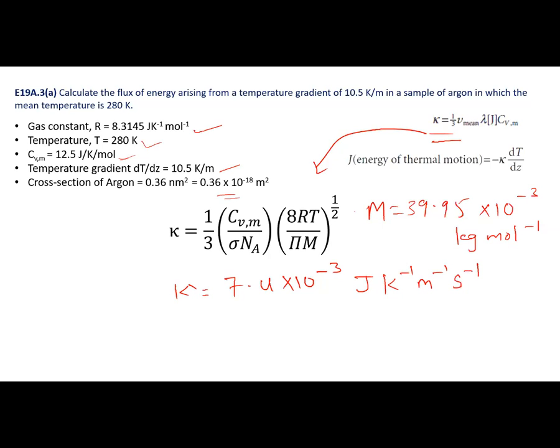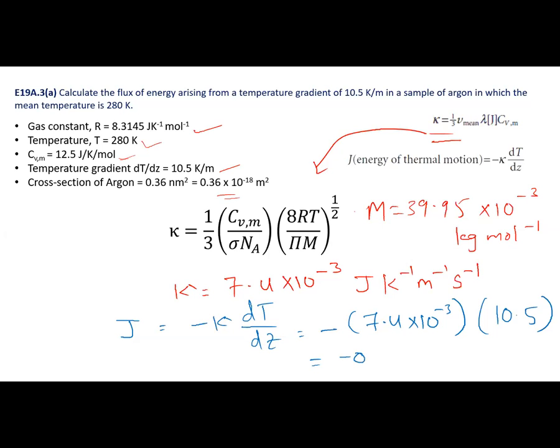Now, going back to the flux, we have to calculate the flux. So J is equal to minus kappa dT over dz. It's again straightforward. You just multiply 7.4 times 10 power negative 3 by 10.5. So you should get the answer negative 0.078. What are the units again?